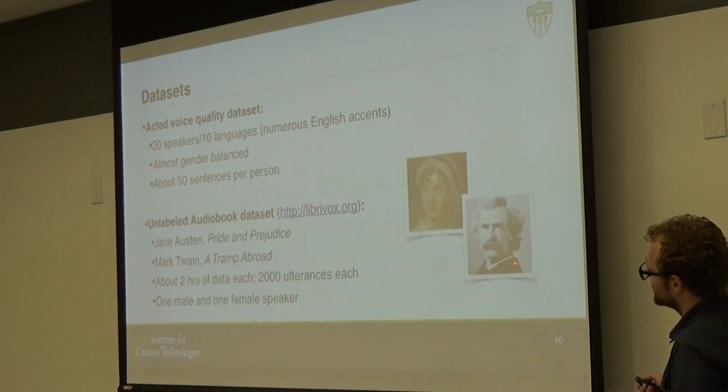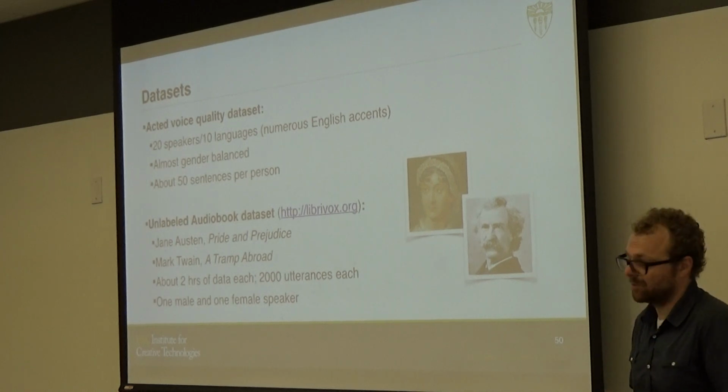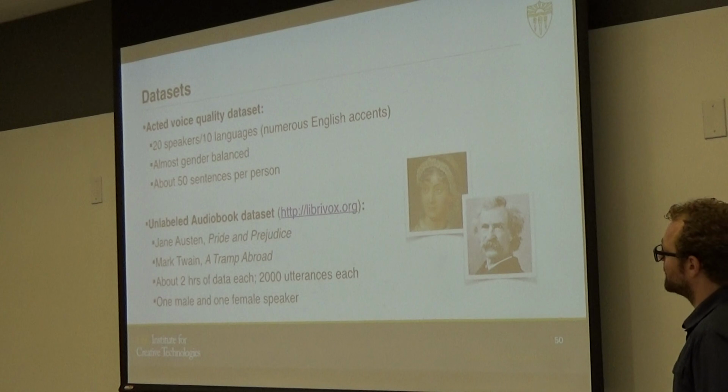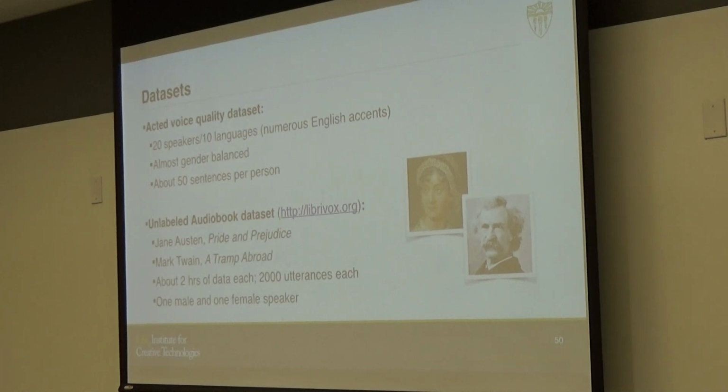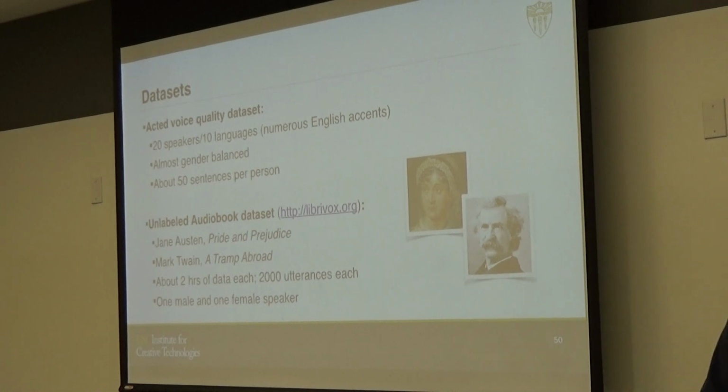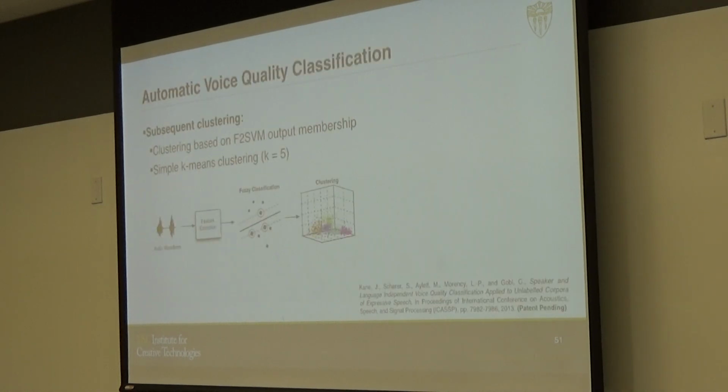Then we test on unlabeled audiobook data, about 2 hours of speech, 2,000 utterances each, and we look at 2 books, Jane Austen's Pride and Prejudice and Mark Twain's A Tramp Abroad. This is the approach that we followed.